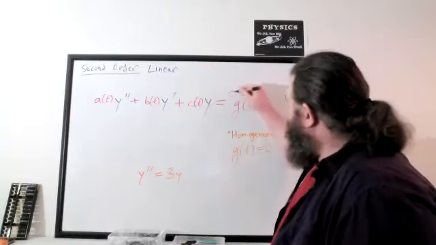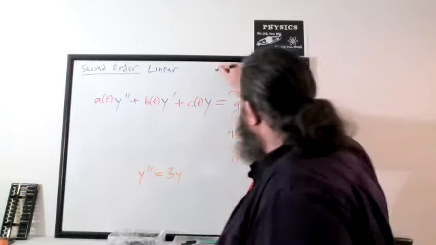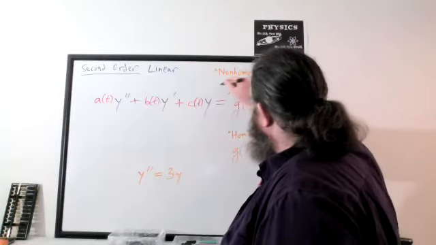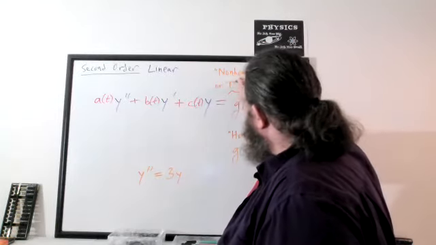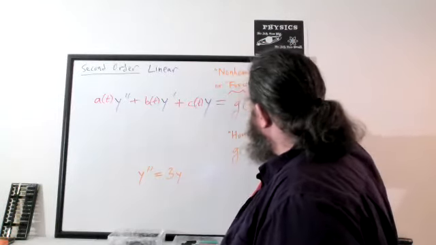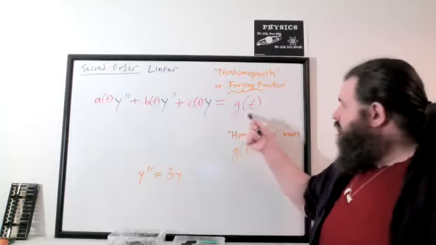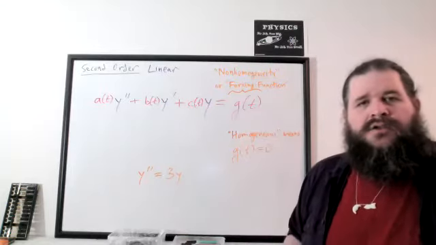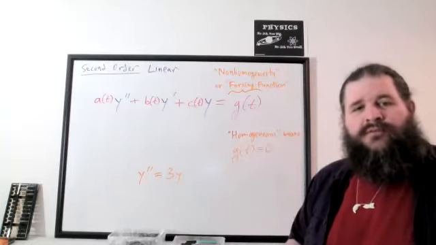That term without y in it is usually called the non-homogeneity because it's what makes the equation non-homogeneous. Or it's also called the forcing function. Because in applications in physics and engineering, the extra non-homogeneity here usually represents some sort of external force being applied to the system.